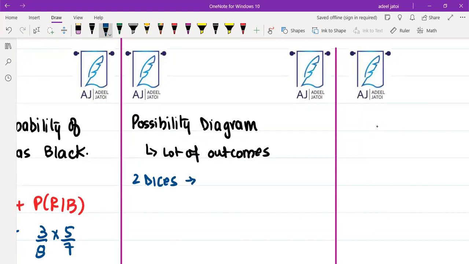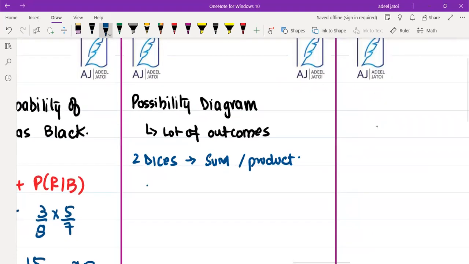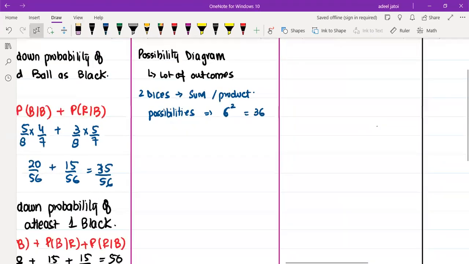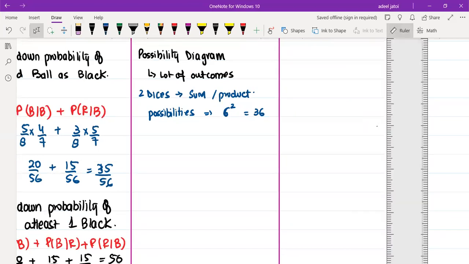That means when we need to take out the sum or the product of 2 dice, the possibilities will be equal to the number of sides to the power of how many dice we have. So the possibilities will be 36.